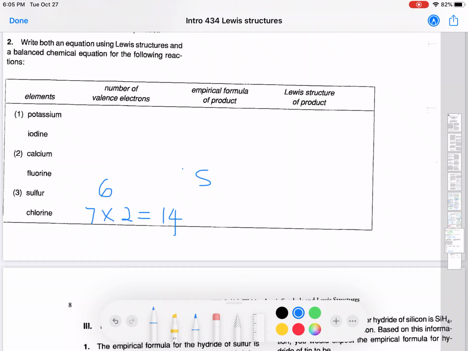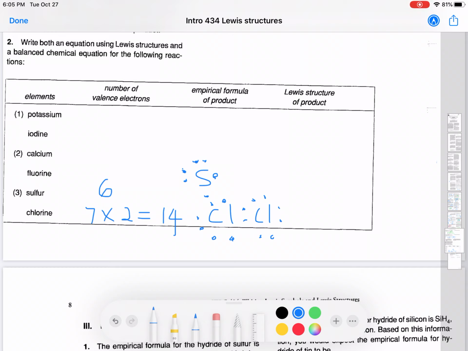Sulfur would be 6. 1, 2, 3, 4, 5, 6. And then the chlorine, diatomic molecule like this, sulfur and the chlorine together.